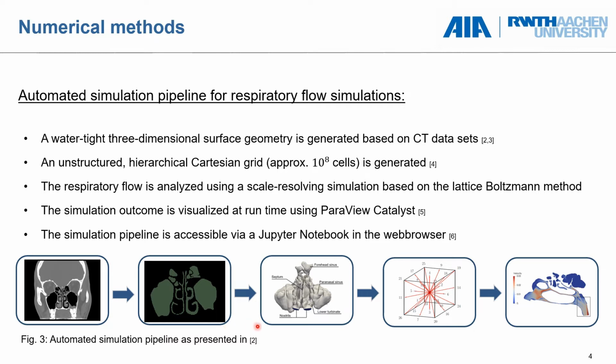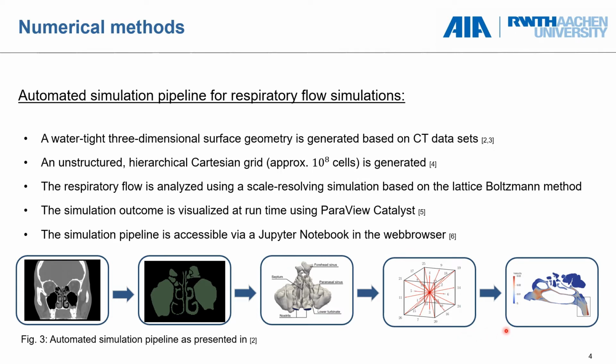And then the segmented data sets are used for the geometry generation of a three-dimensional watertight surface geometry, which is then used to generate an unstructured hierarchical Cartesian mesh on which the Lattice-Boltzmann method is used to solve the respiratory flow. And we need that many cells because we perform scale resolving simulations, so we don't use any turbulence modeling but resolve all the structures of the flow directly.